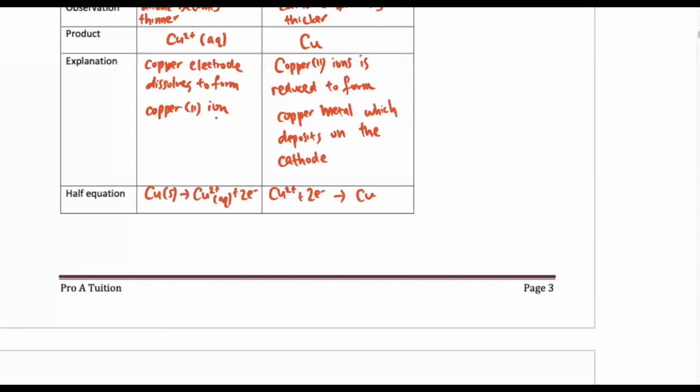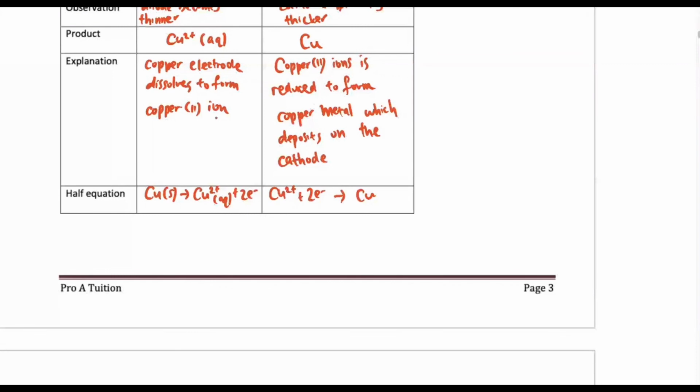On the cathode side, we have cations, which are Ag plus and H plus. So the observation is the cathode becomes thicker. Product formed is Ag.